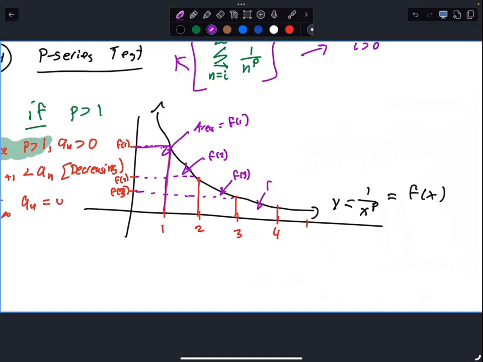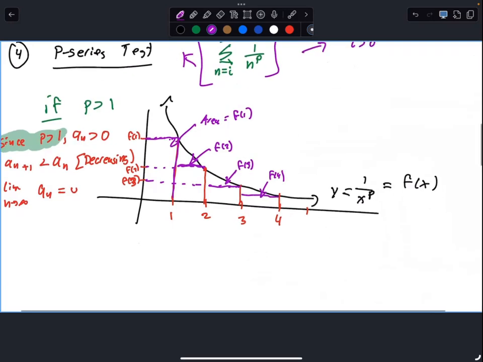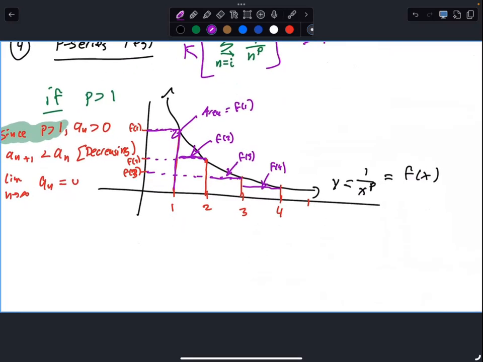This area, f of 4, and so forth, if I am using a right Riemann sum. So what's happening here is I'm using a right rectangular approximation. When I use a right rectangular approximation, that's the visual I get.